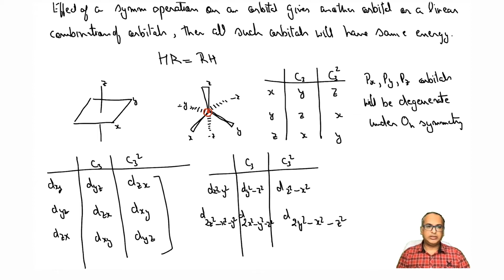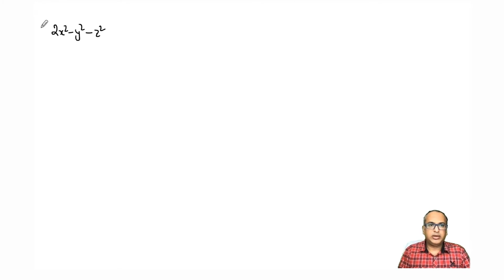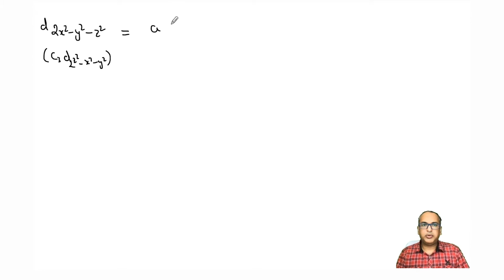Let's take one of the orbitals, 2x square minus y square minus z square, which is obtained after we did the C3 operation onto dz square, or 2z square minus x square minus y square. Can this be expressed as a linear combination of the two d orbitals?